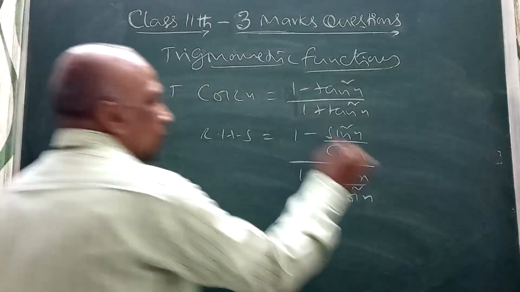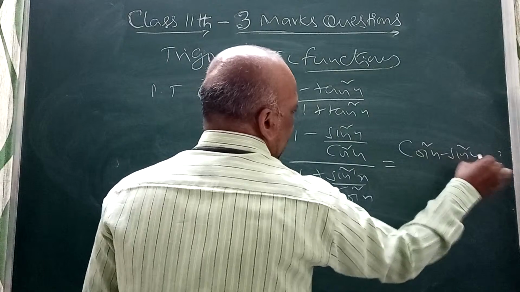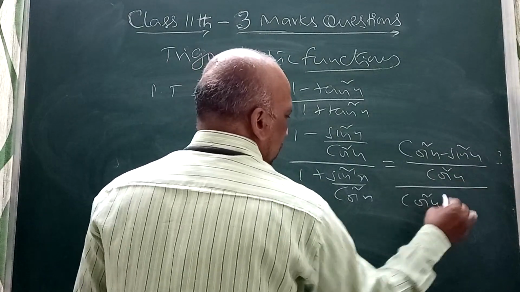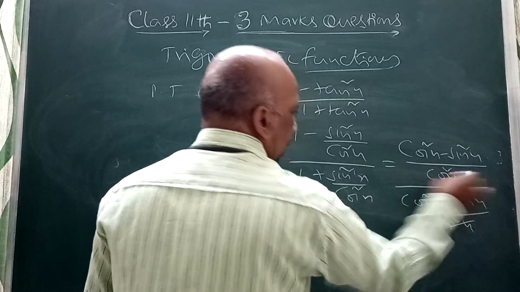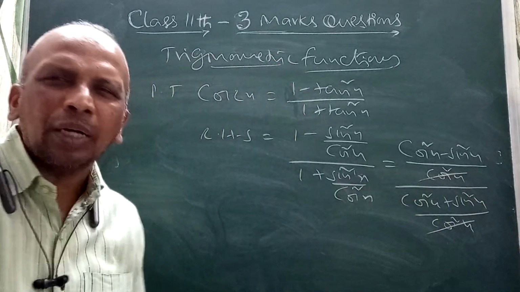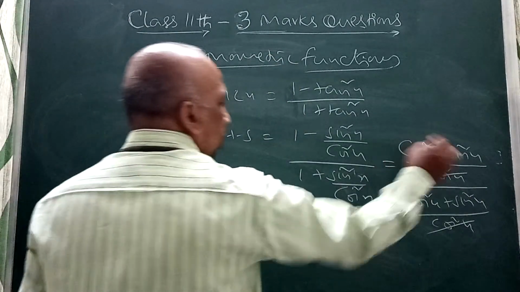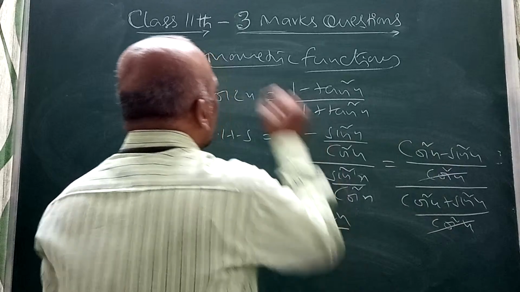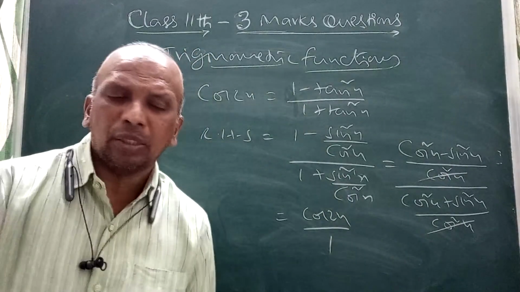Take LCM here: this will be cos square x minus sin square x by cos square x, by cos square x plus sin square x by cos square x. We can eliminate the denominators, and we know that cos square x minus sin square x is equal to cos 2x. The denominator is 1. So the answer is cos 2x. So the chances are there to ask it like this.